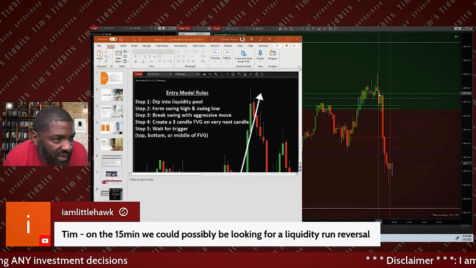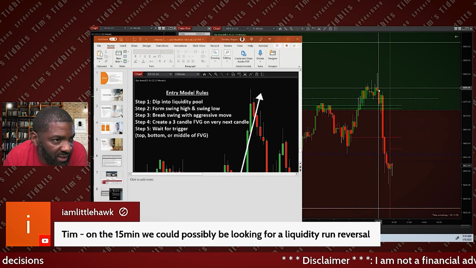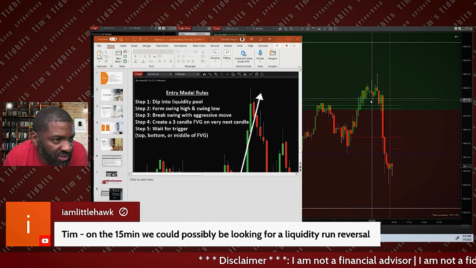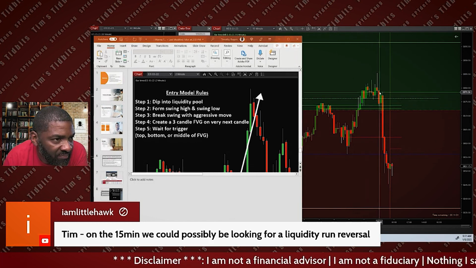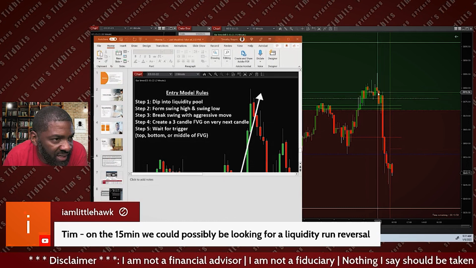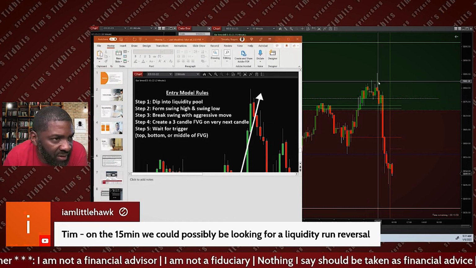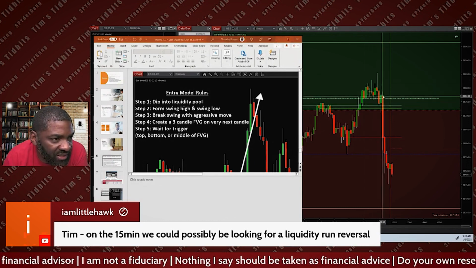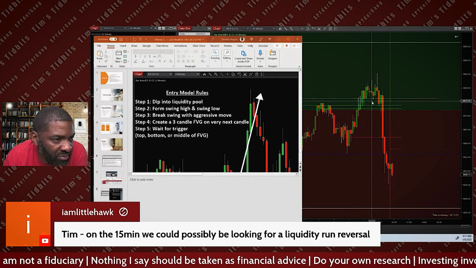Like up here, this one candle broke the structure right there, right? And then the next candle made the fair value gap. That's the trade setup right there, because you got this candle breaking the structure.